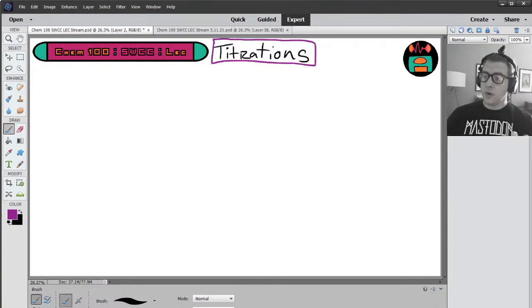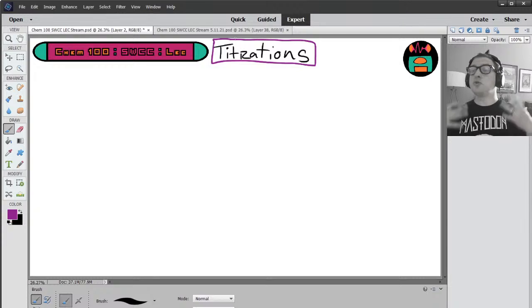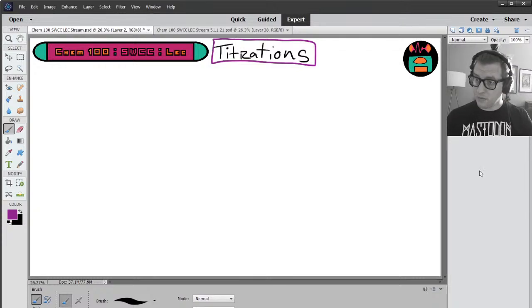We're going to do a few more examples, but we're also going to flesh out conceptually how titrations relate to our final two lab modules, 11 and 12, I believe, are the numbers. We're going to talk about conceptually what's going on in those, and then do some math, some problems related to those.